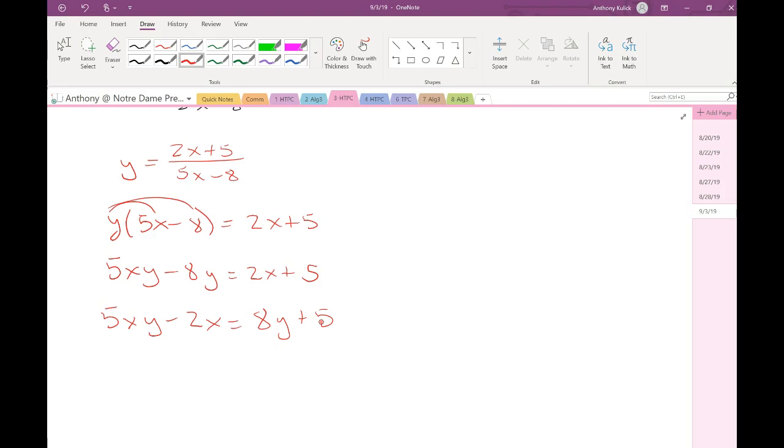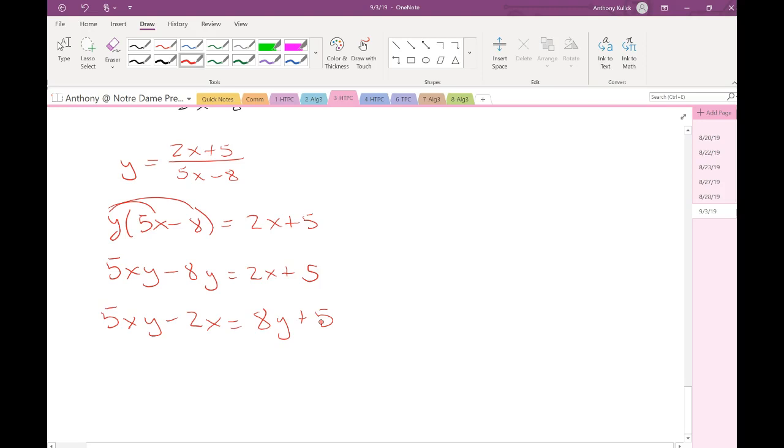How about now? Any ideas now? I wouldn't do any dividing yet. There's an easier algebraic solution to what we're doing here than trying to do any dividing. Kayla? Yeah, that's an excellent idea.